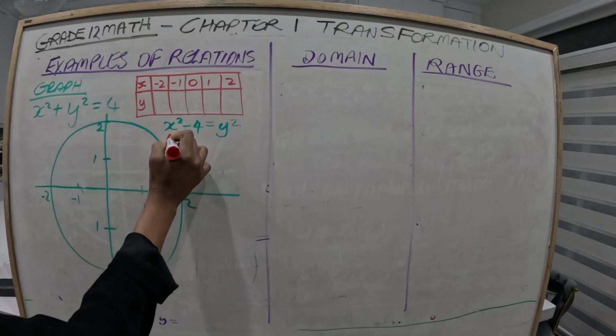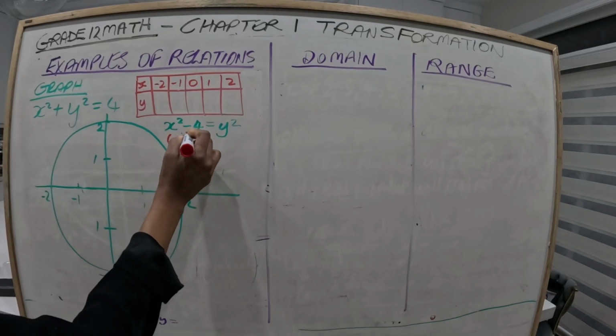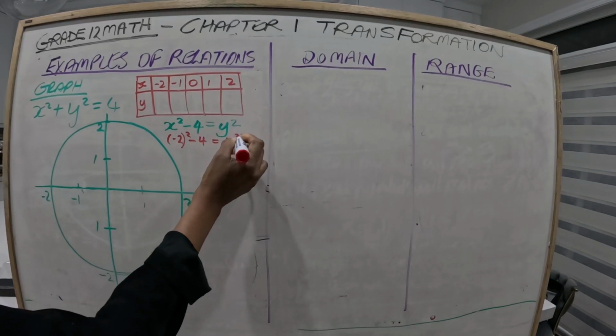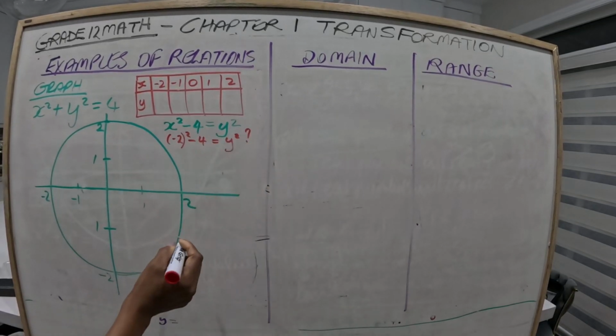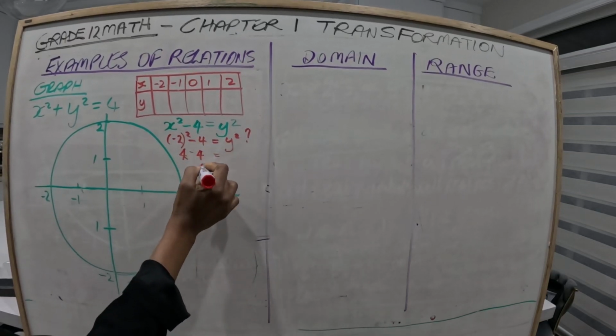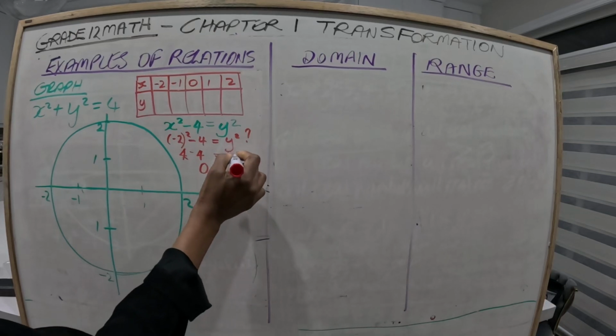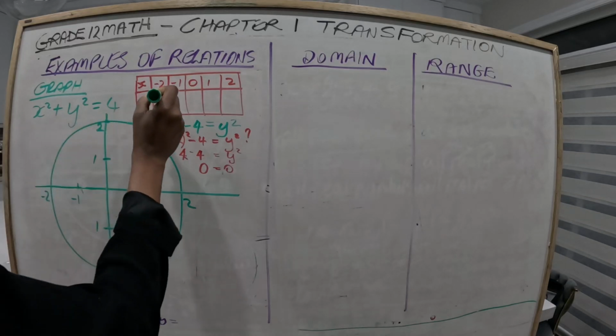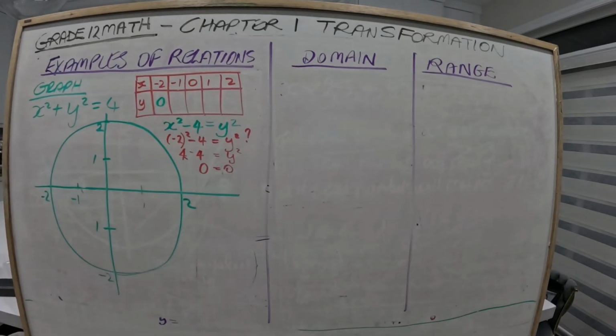So if x is -2, and if you minus that, what is y squared? Okay, so already we know this will be 4 minus 4, which is equal to 0. So y squared must be 0. So that's why when x is -2, y is 0.